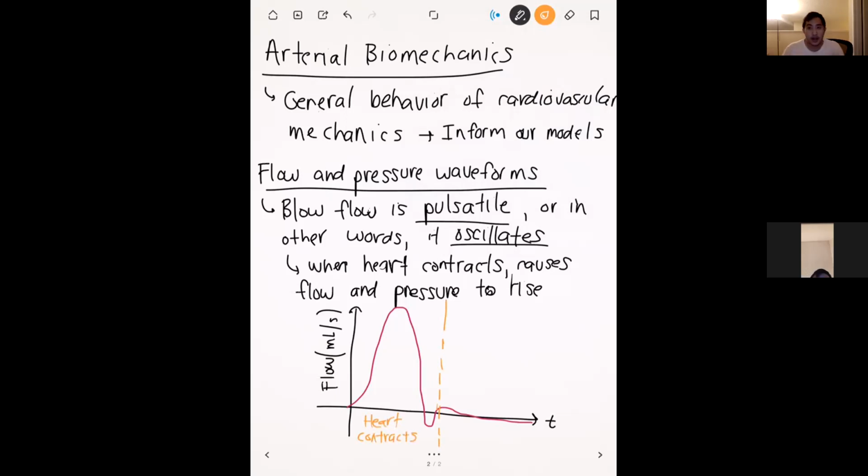When the heart contracts, your heart is squeezing, and that's going to cause flow to shoot up into your blood vessels. And then afterwards, you have this period where there's very little flow. This is when the heart relaxes.